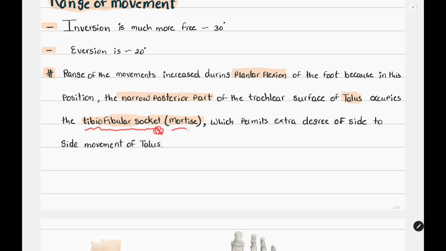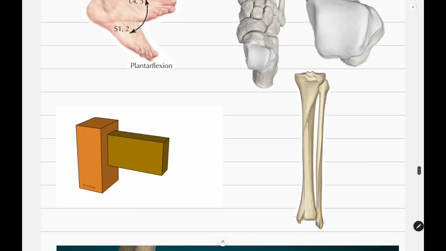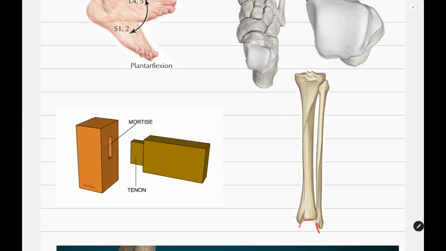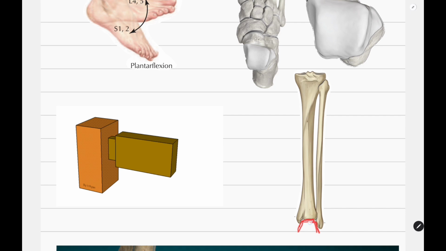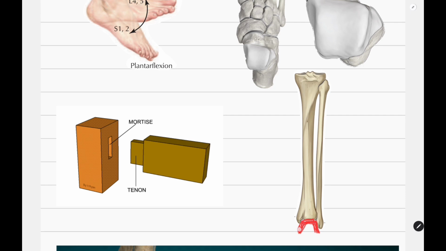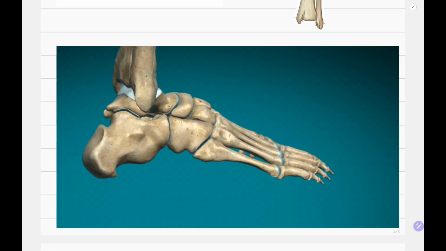relevant with the mortise. So this is the posterior view of our tibia and fibula, and this space is that mortise in which the trochlear surface of the talus sits or attaches. So clubbing all the information gathered up till now, this is the broad trochlear surface of the talus bone.